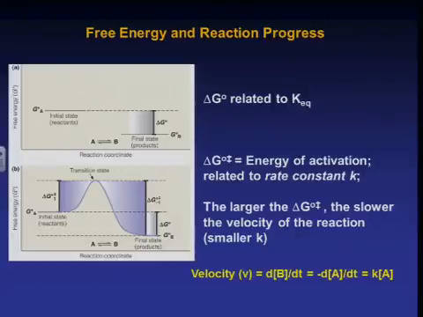So in going from this initial state to the products, the equilibrium constant doesn't tell us anything about what? How quickly it gets there, right? It tells us when it gets there, this is going to be the ratio of reactants and products at equilibrium, but it doesn't tell us anything about this process in going from the reactants to the products.